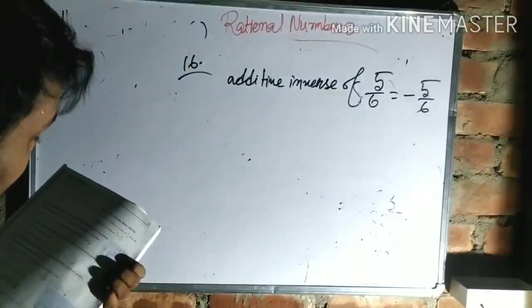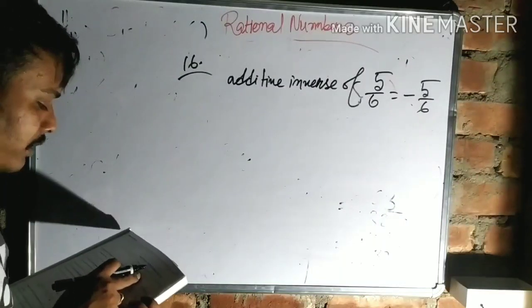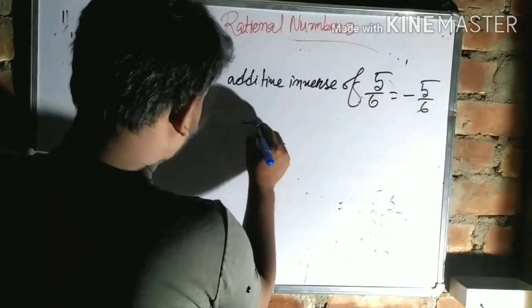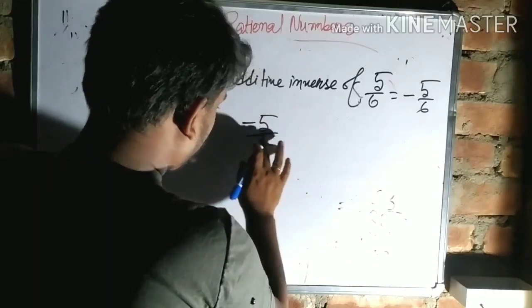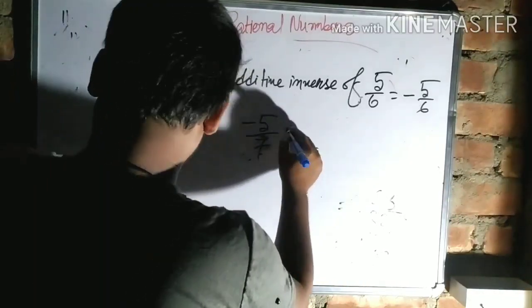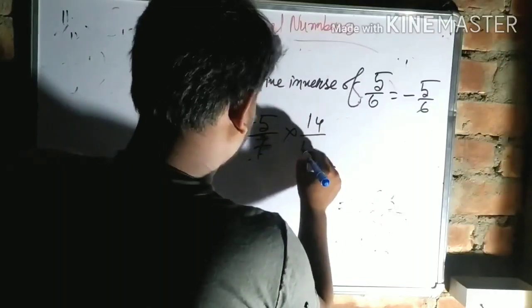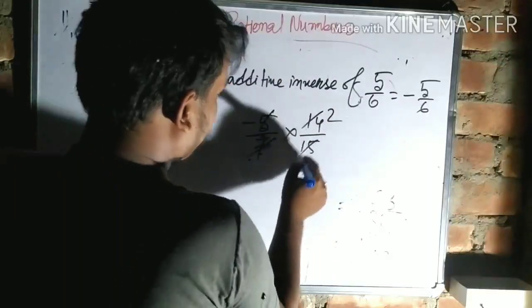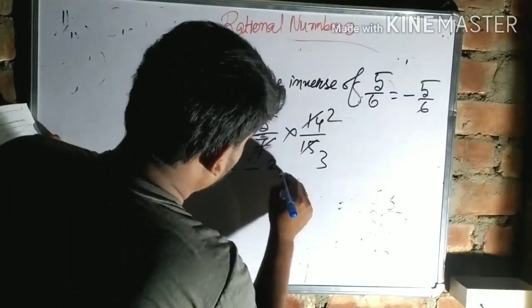From the multiplicative inverse of this value. So multiplicative inverse of which value? Minus 5 by 7 into 14 by 15. So it becomes 7 into 14, 3. Okay. So equal to minus 2 by 3.